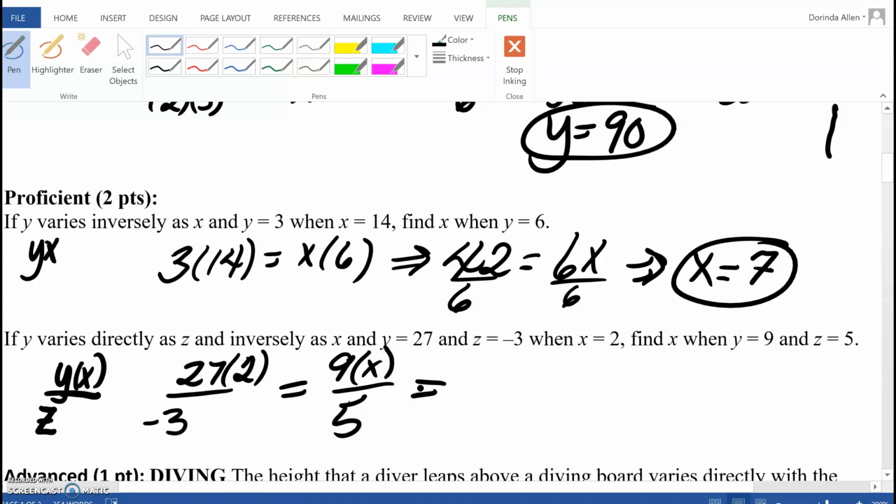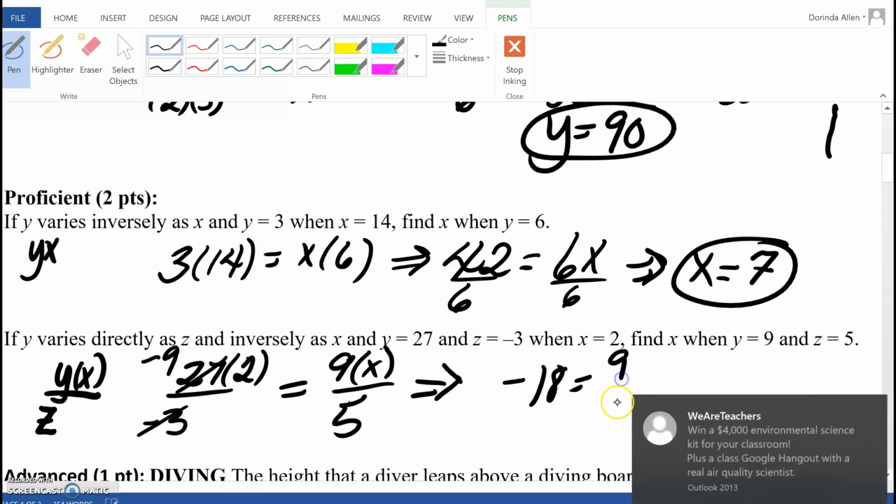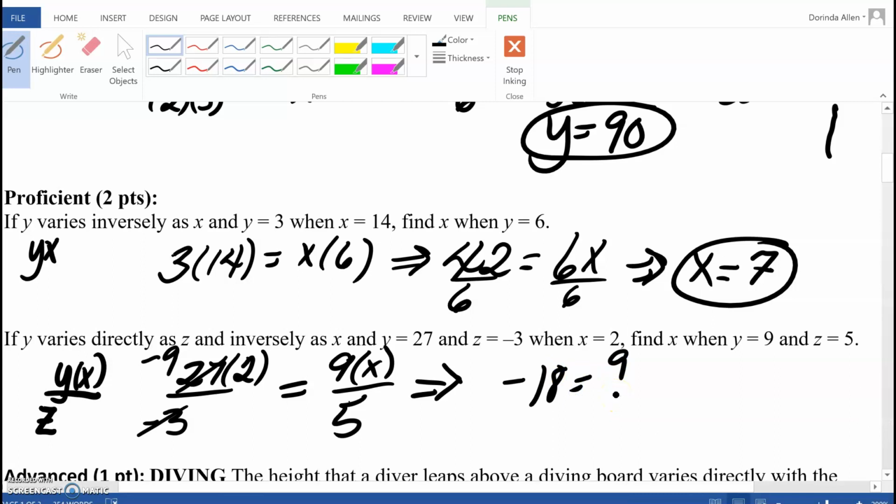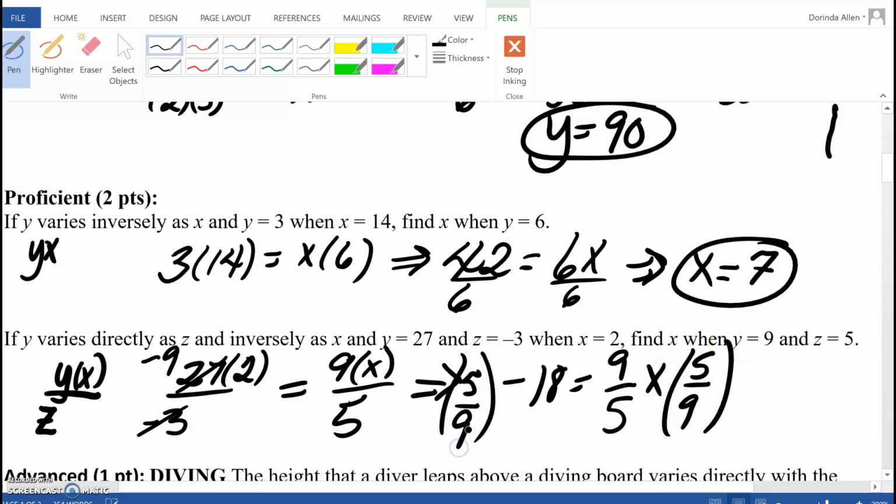So I again would reduce this, divide that -3 and get -9. So I have -18 equals 9 over 5x, and multiply both sides by 5 over 9. All right, and 9 will go into there -2 times, -2 times 5, x equals -10.